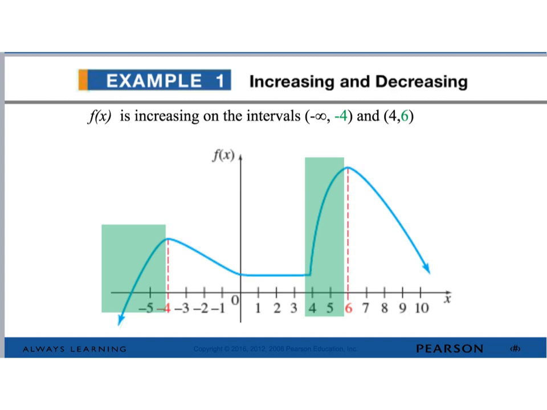First of all, we see that f of x is increasing on the interval from -infinity to -4 because the function is actually moving uphill. And it's also increasing on the interval from 4 to 6 because the function is moving uphill.